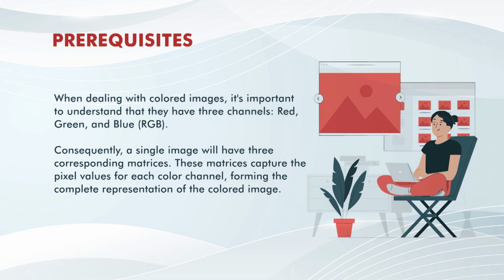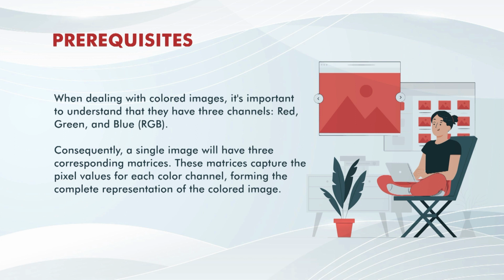When dealing with colored images, it is important to understand that they have three channels: red, green and blue, known as RGB. Consequently, a single image will have three corresponding matrices.